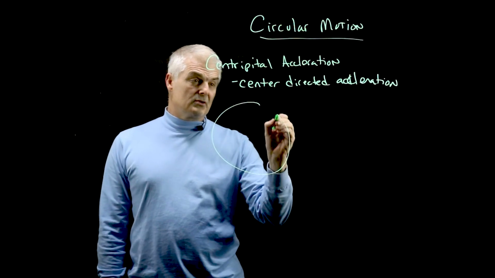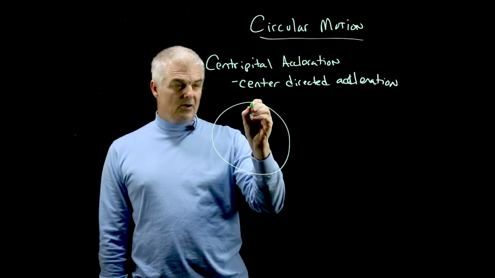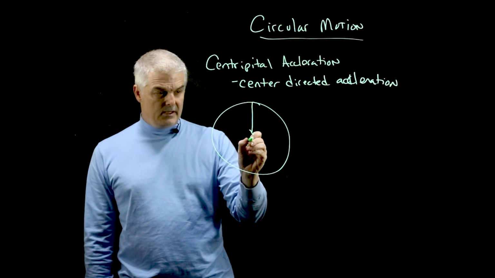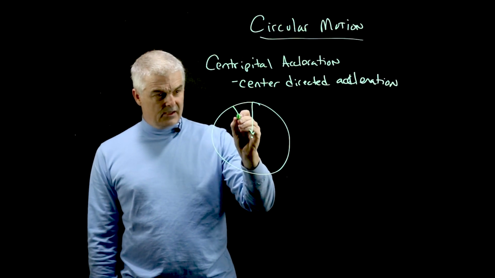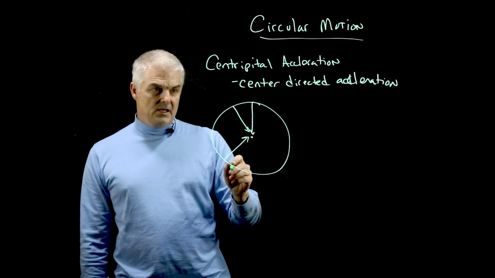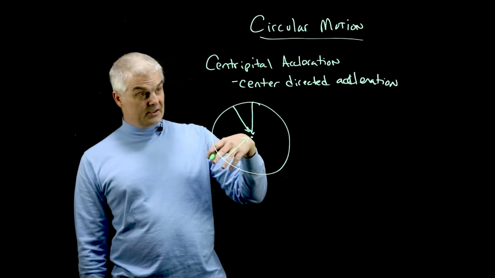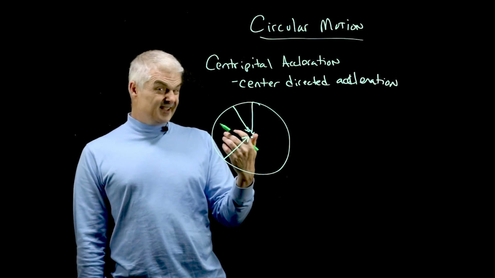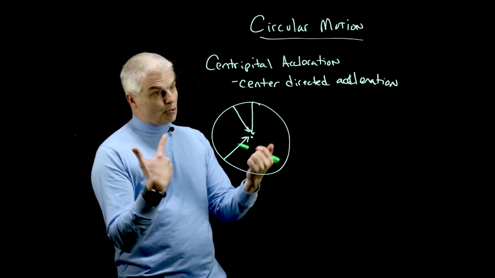So when you're in the circle, it is accelerating always, if you will, downward, falling towards the center. But in a moment, it's here, and that's at a different direction. And a few moments later, it's here. So since the direction is constantly changing, in circular motion, the object is constantly accelerating because it's changing the direction of its movement.